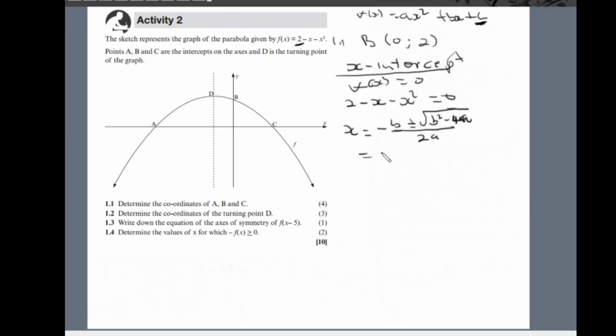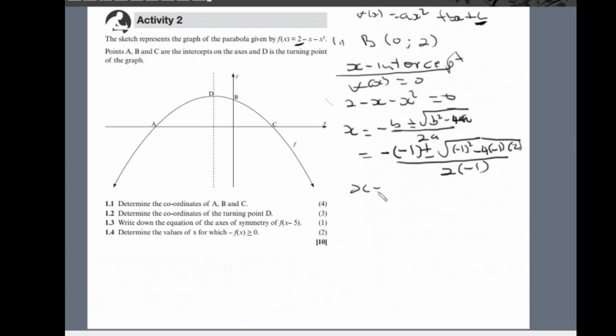Here b is minus 1, so minus b is 1, plus or minus the square root of (minus 1) squared minus 4 times a, which is minus 1, times c, which is 2, divided by 2a, which is minus 2.